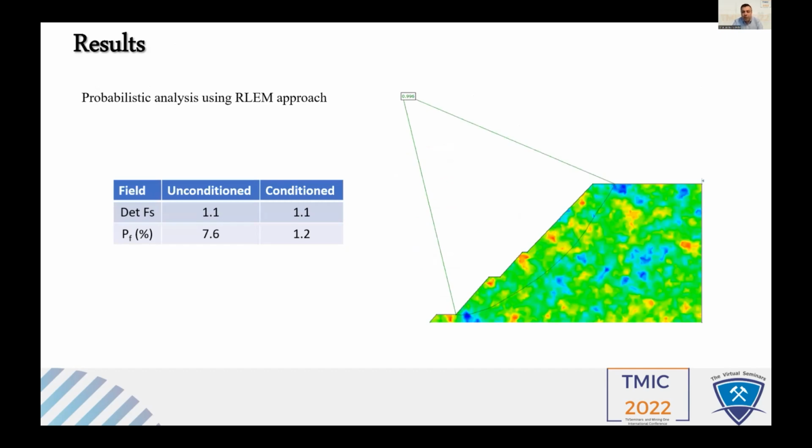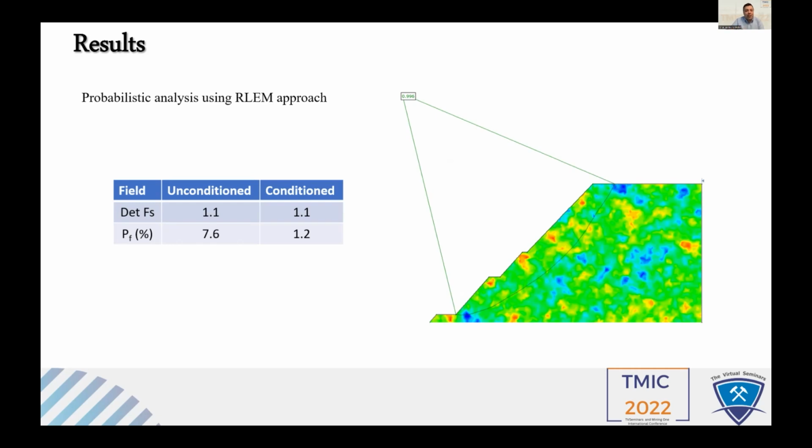In terms of the results, for this model, the deterministic factor of safety was 1.1. When we had an unconditioned spatial field, we got a probability of failure of 7.6%. And when we conditioned our field and cross-correlated it with cohesion, we got a probability of failure of 1.2%, which is about 6 times less.